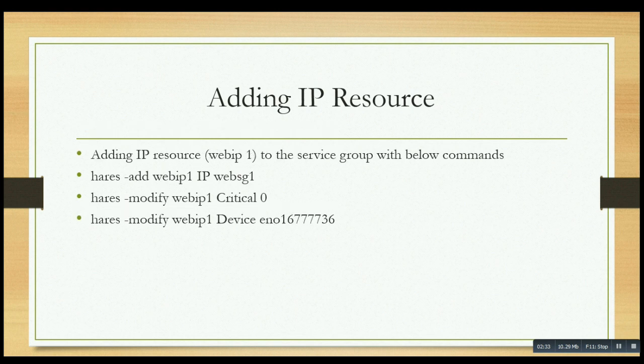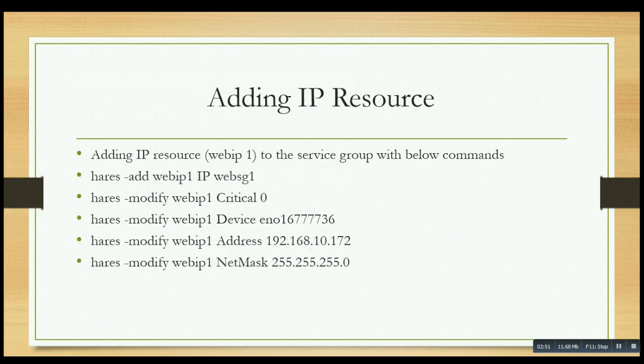Then modify and provide the LAN card, on which LAN card you would like to add this IP address. Then IP modify address this. This is my virtual IP address, and then we have to provide the netmask, and in the end we have to enable it, and then we have to check this command.